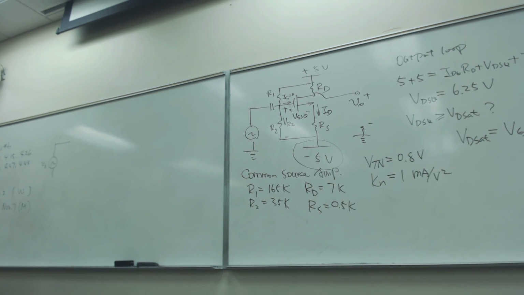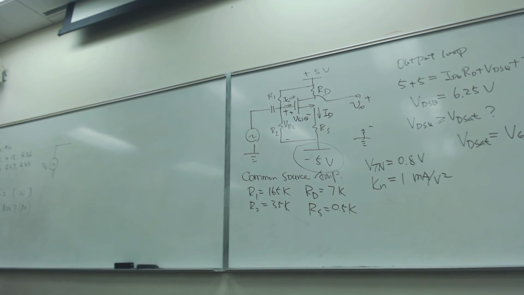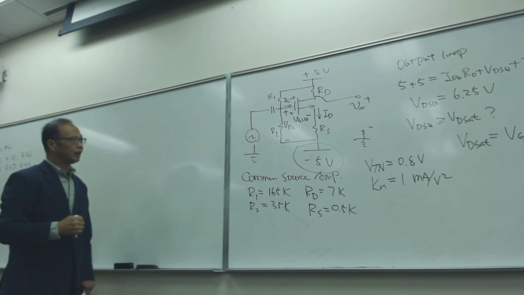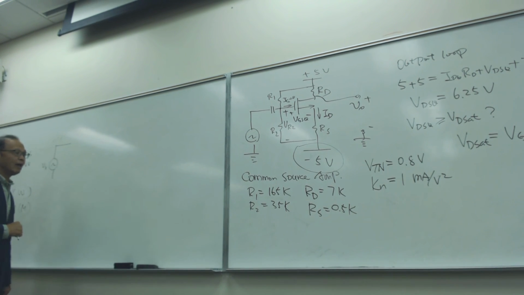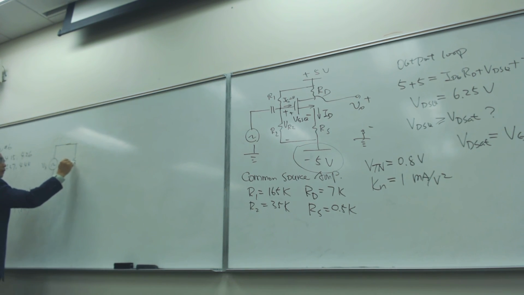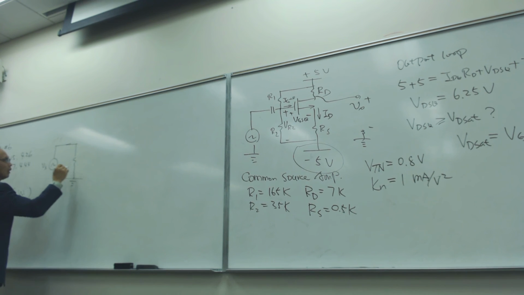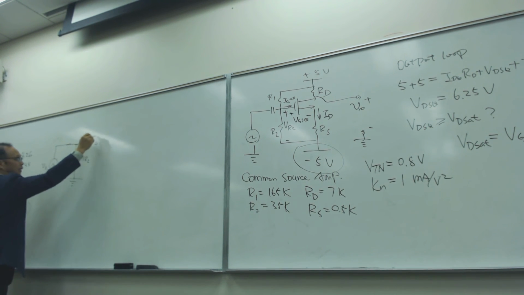Later we're going to have to account for the effect of the capacitance. Then we have this to the ground, R1 in parallel with R2, and then this is the gate.